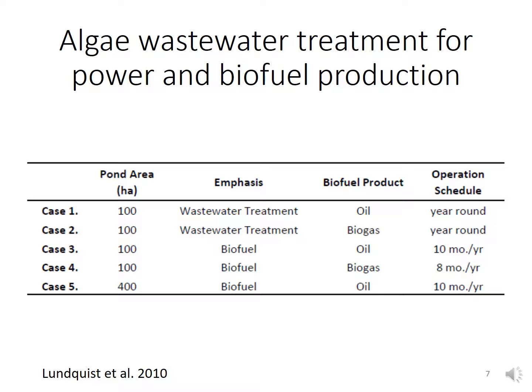In either one of those cases, we're going to compare producing primarily a liquid oil for biofuel production, or a biogas for heating and cooling and power generation. The operation schedule for these different cases varies between year-round and most of the year.